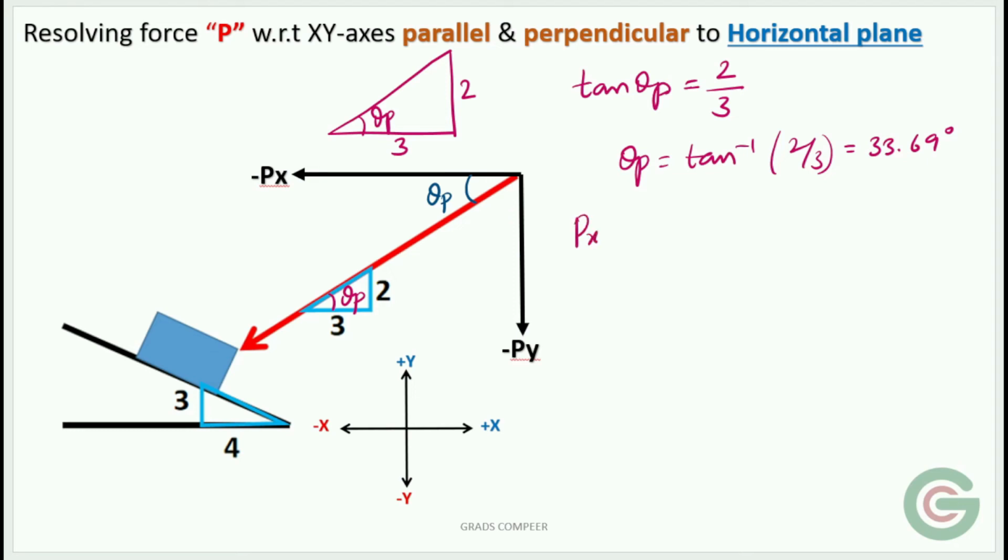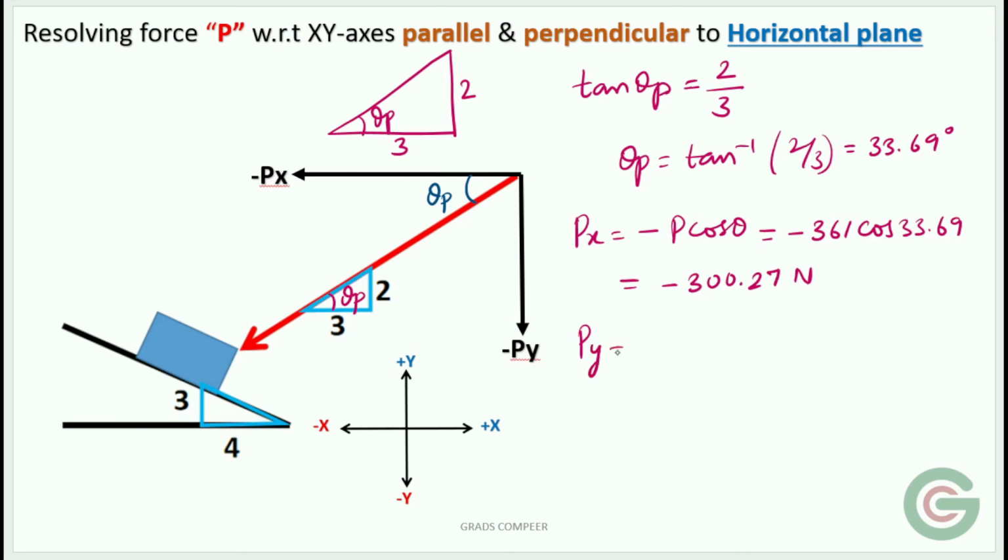So Px is equal to minus P cos theta. Do not forget to put this minus here, which is equal to minus, the force P is given as 361 Newton, cos 33.69. So the magnitude that we get here is minus 300.27 Newton.